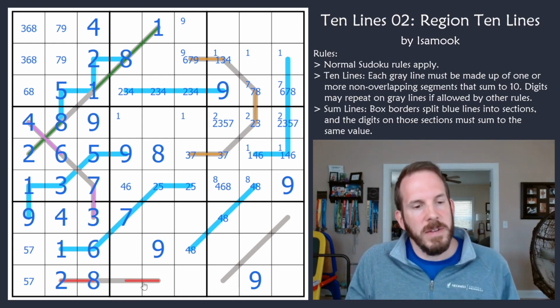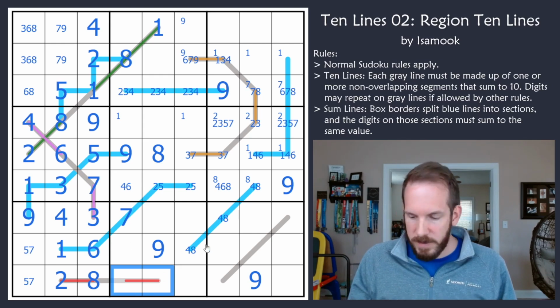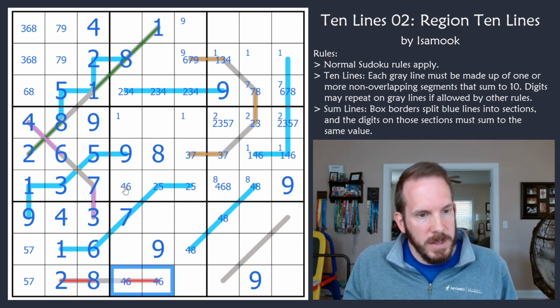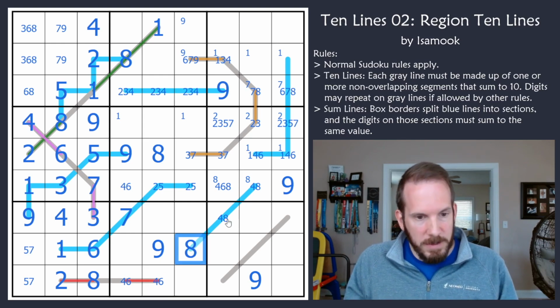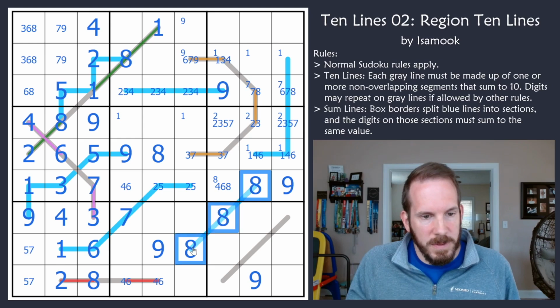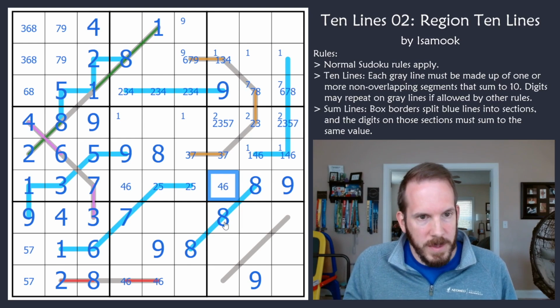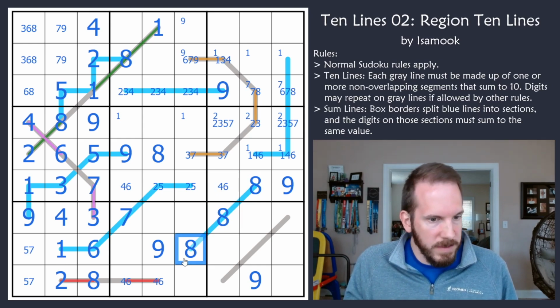Okay, so we already said by the logic we did before, this has to sum to 10. It can't be 2, 8, 3, 7, 1, 9. So this is 4, 6. That makes this an 8. That an 8. So our line here is done. This is an 8. I'm sure that did some other stuff for us.